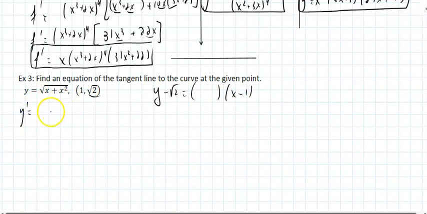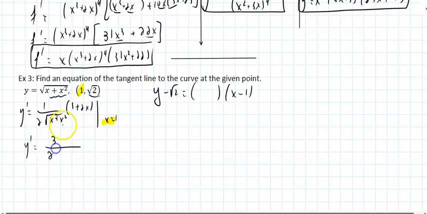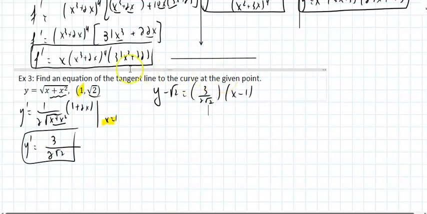Y prime, which is the slope of the tangent, is 1 over twice the square root times the derivative of the inside evaluated at x equal 1. Y prime will be 3 at the top, square root of 2. You could rationalize if you wish, no need to. And that's pretty much it with this section.